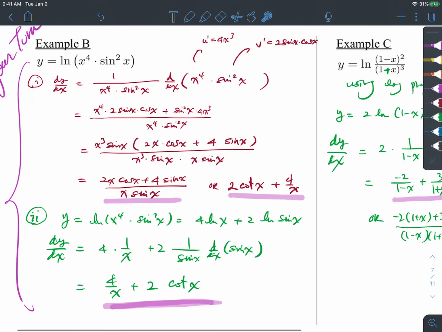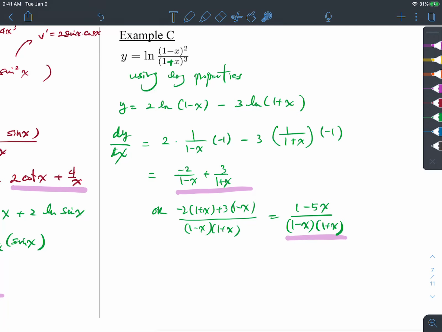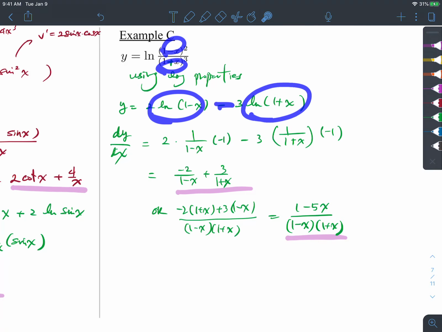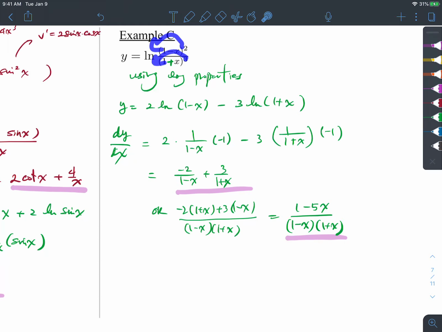Right? Example C, very similar. Using a log property, you know that log of a over b is log of a minus log of b, right? And then I pull out the exponent to the front. And then it's very simple stuff right here, right? 1 over 1 minus x times the derivative of that, which is minus 1. Same thing over here. And that, oops, I forgot that I changed it.